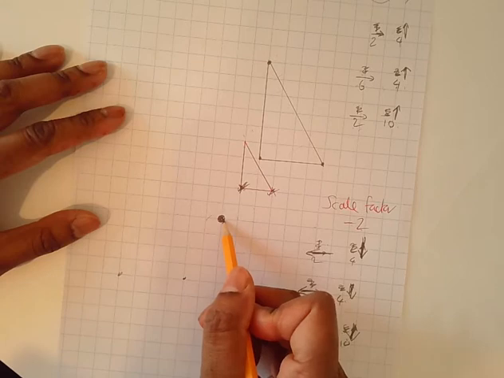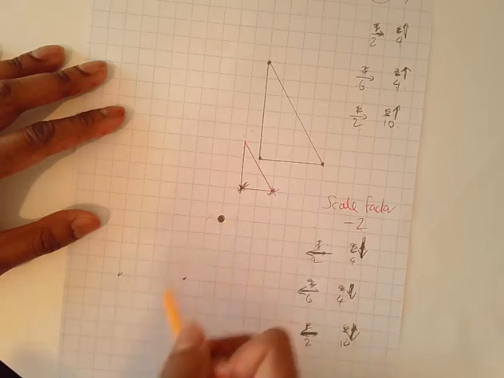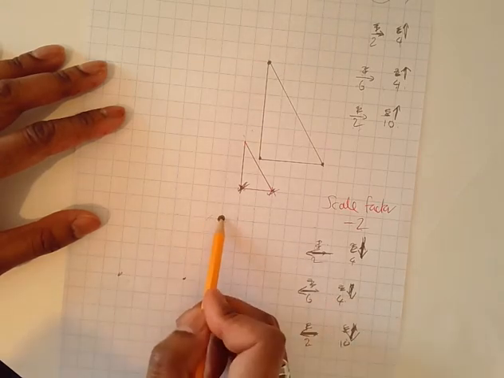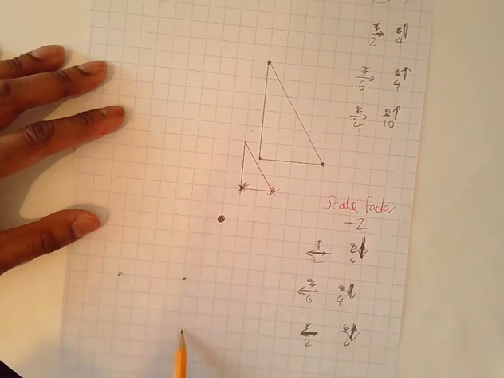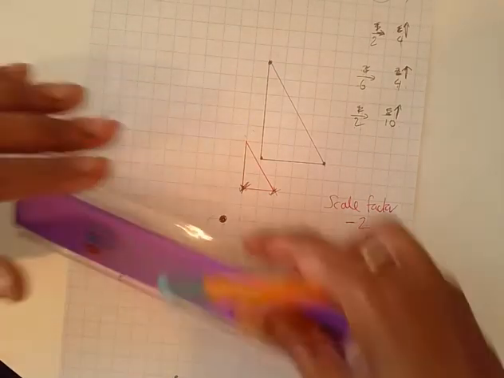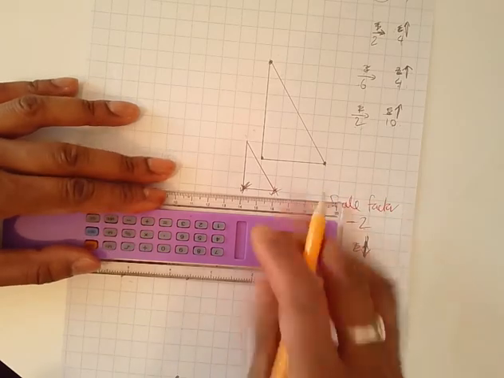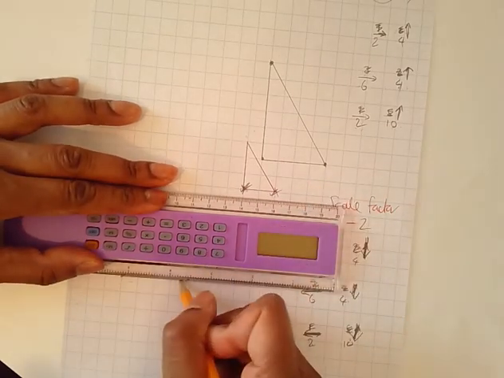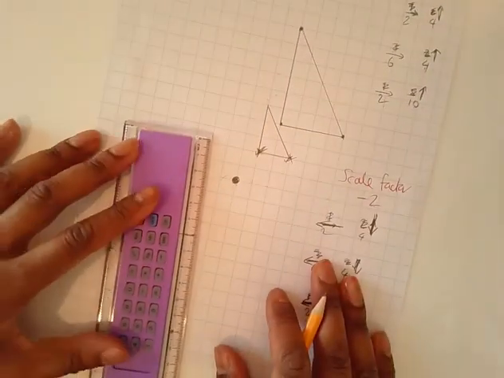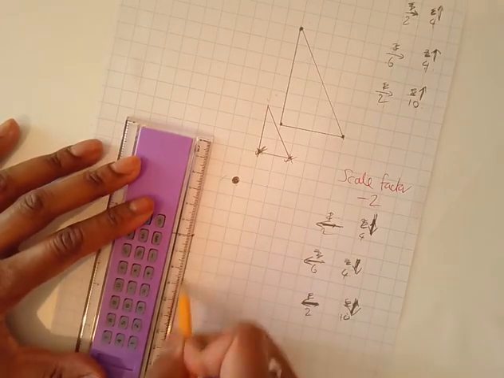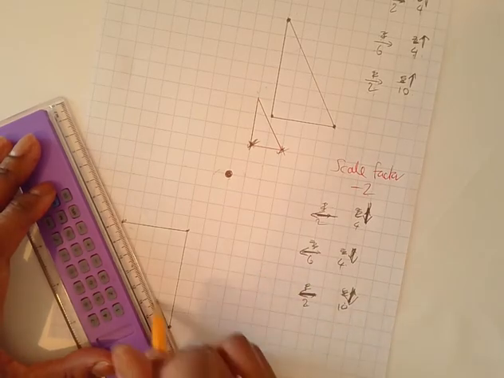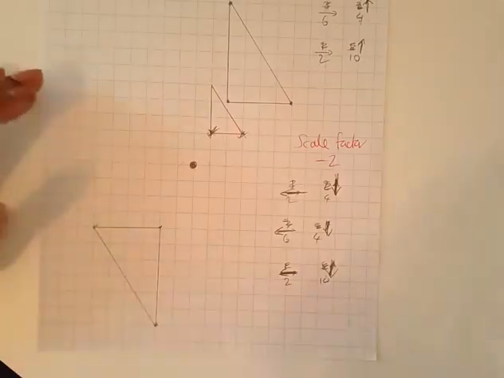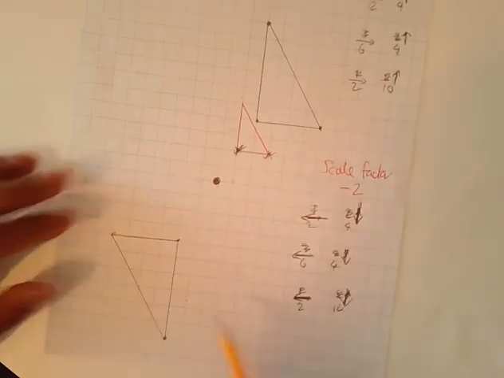From the center of enlargement, 2 to the left, and then 10 down, 1, 2, 3, 4, 5, 6, 7, 8, 9, 10. All you need to do now is join them up. That's it. I have it.